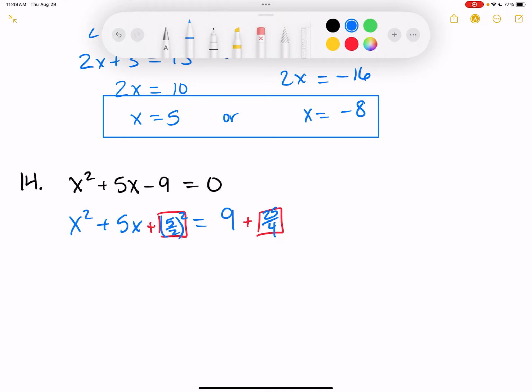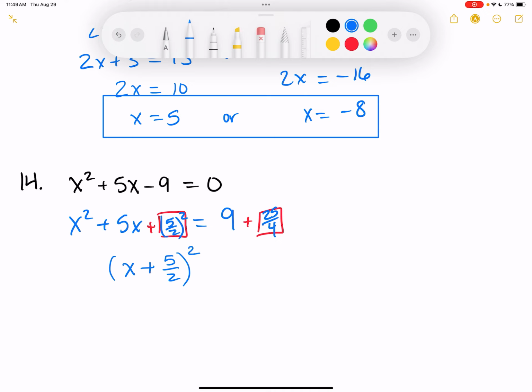So then what does this factor into on this side now? It's a perfect square trinomial. It's x plus 5 halves, squared.